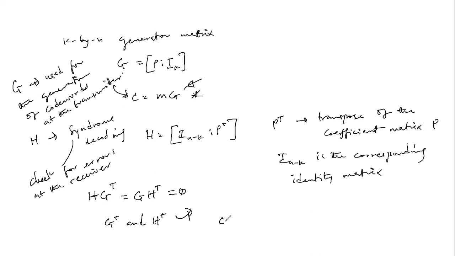Hence, the code word times the transpose of the parity check matrix is the same as the message bit times the generator matrix times the transpose of the parity check matrix, which will be equal to 0.